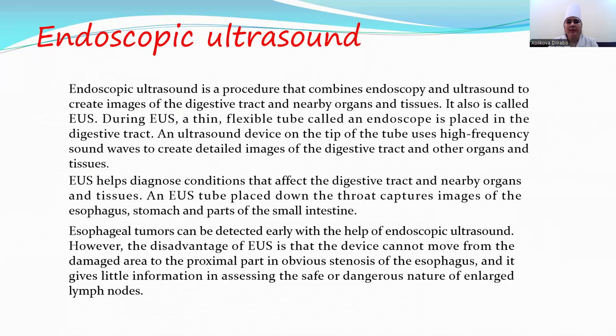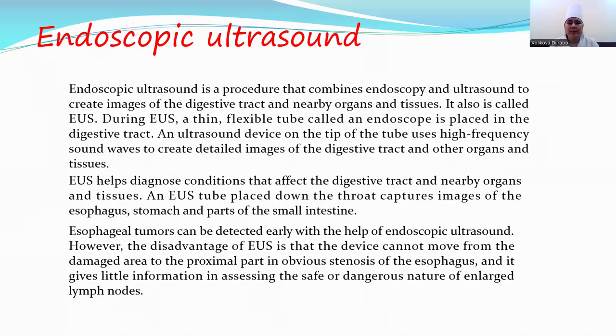An ultrasound device on the tip of the tube uses high-frequency sound waves to create detailed images of the digestive tract and other organs and tissues. Endoscopic ultrasound helps diagnose conditions that affect the digestive tract and nearby organs and tissues. The tube placed down the throat captures images of the esophagus, stomach, and parts of the small intestine.